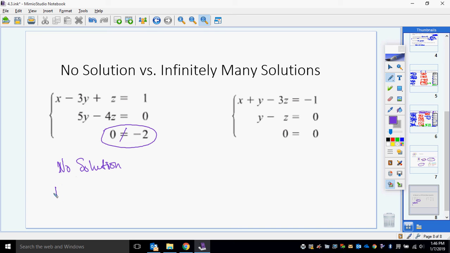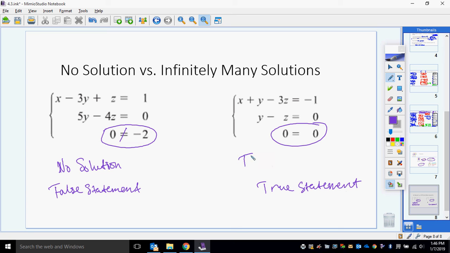Okay, no solution because that's a false statement. But when you get a number equals a number and it's true, when that's a true statement, what do we call that? You guessed it. Infinitely many solutions.